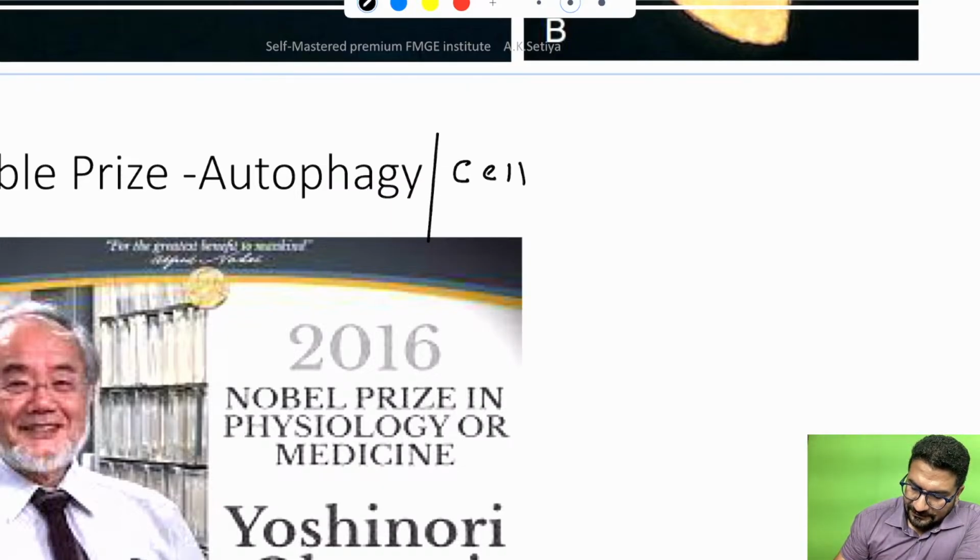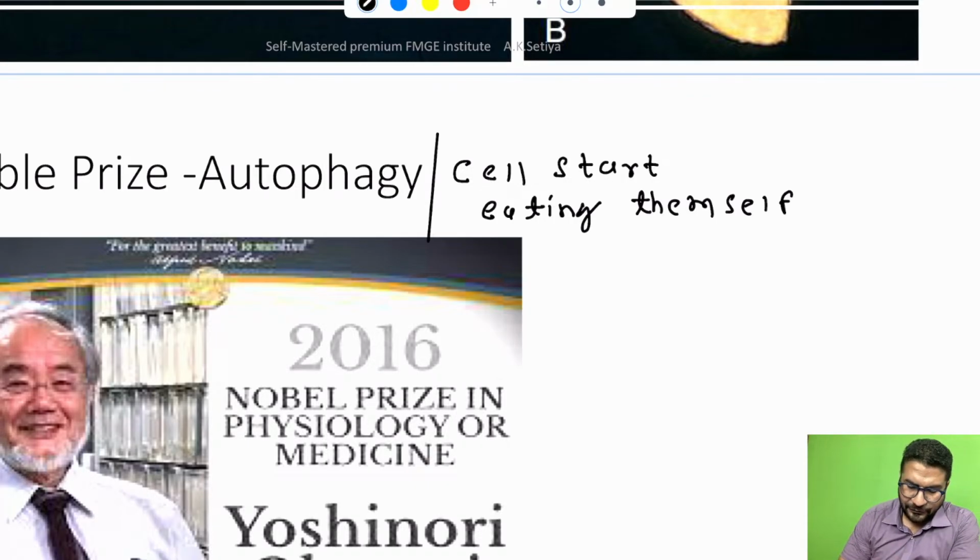So when cells start eating themselves, what do we call this? We call this autophagy. Now understand what they ask in exam: autophagy, where is it important? We also call this self cannibalism.